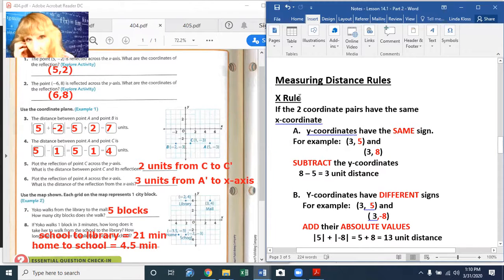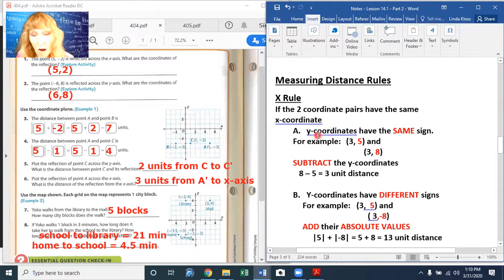Remember how I said if they're in different quadrants, we have to do different things? So the X rule, grab my little spotlight here. If the 2 coordinate pairs have the same X coordinate, so for example, both coordinates here have a 3. The X coordinates are the same.